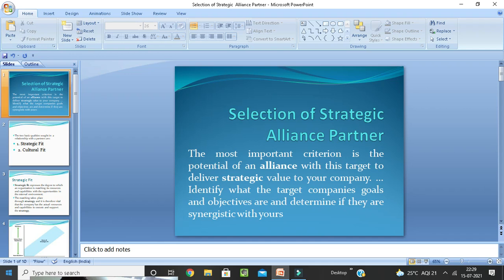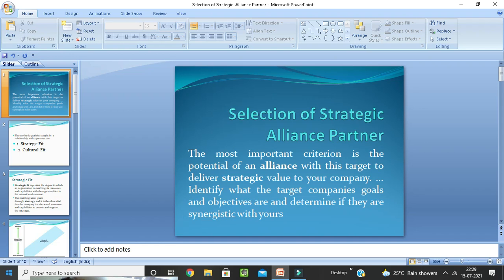Now we'll go with our class, that is the selection of strategic alliance partner, from international business. We are going with the 3.10 topic, how the strategic alliance partner will be selected. So what does it mean, how it works, everything we are going to learn in this.